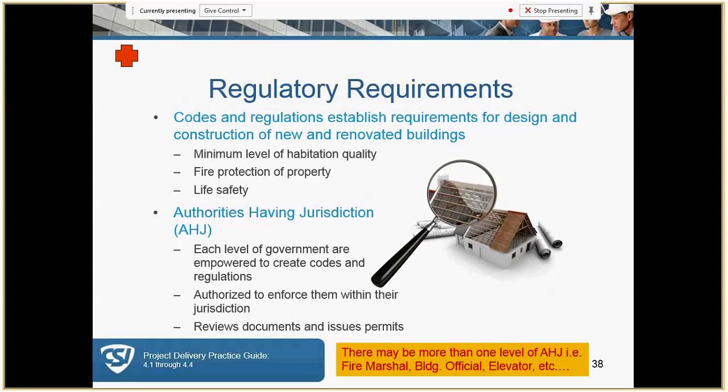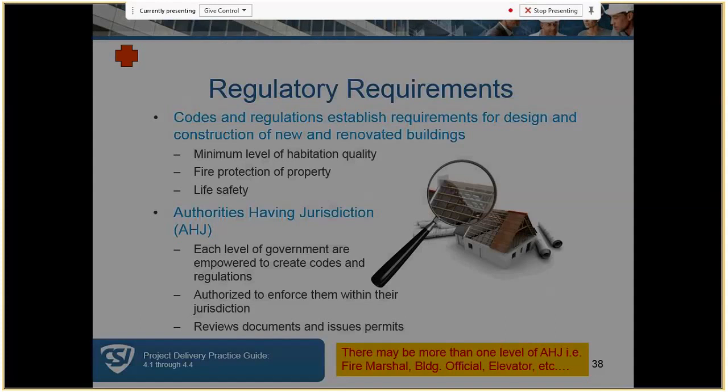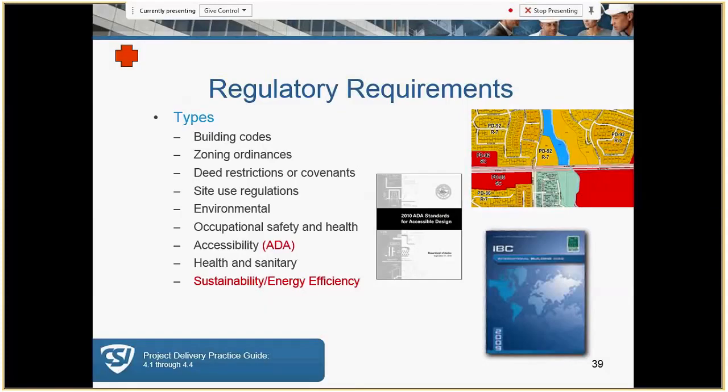And the different types of requirements: building codes, zoning, deed restrictions, covenants. You can go through the list. You see accessibility highlighted there, sustainability, energy efficiency. All of you that work on public projects are aware that the Florida Energy Code is all linked back to our statute.